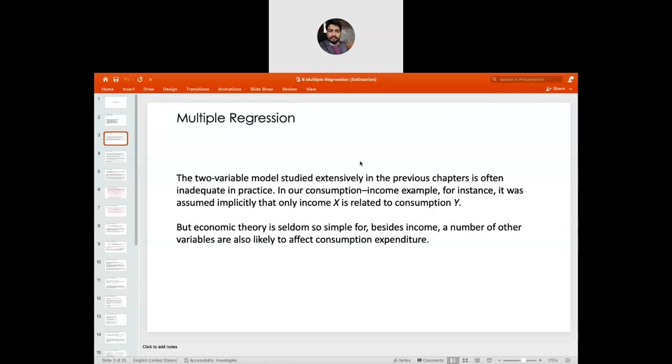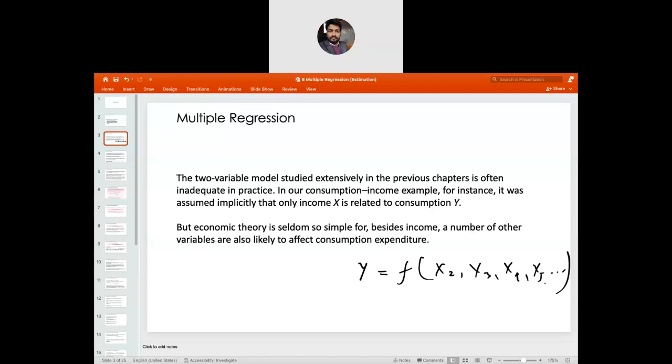Now we will look into a more realistic model, a multiple regression model in which there is one y and it depends on many x's, which are going to be x2, x3, x4, x5, and so on, right?